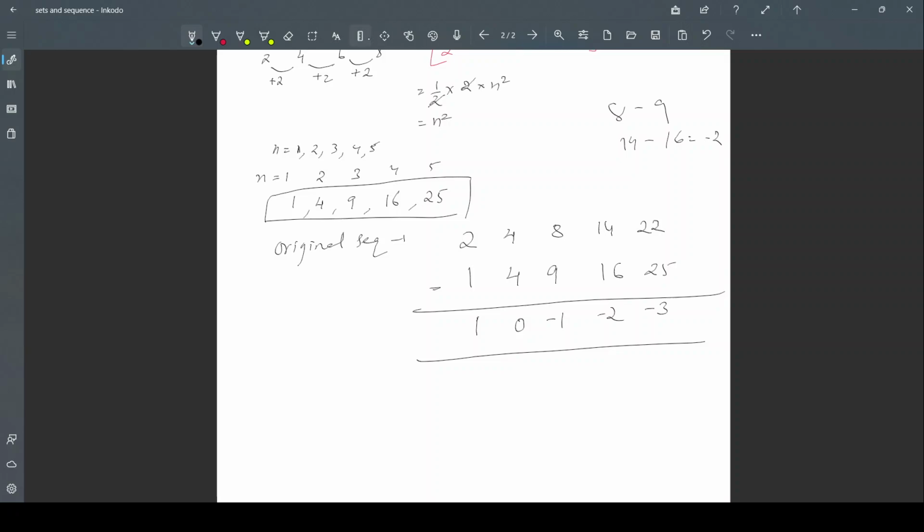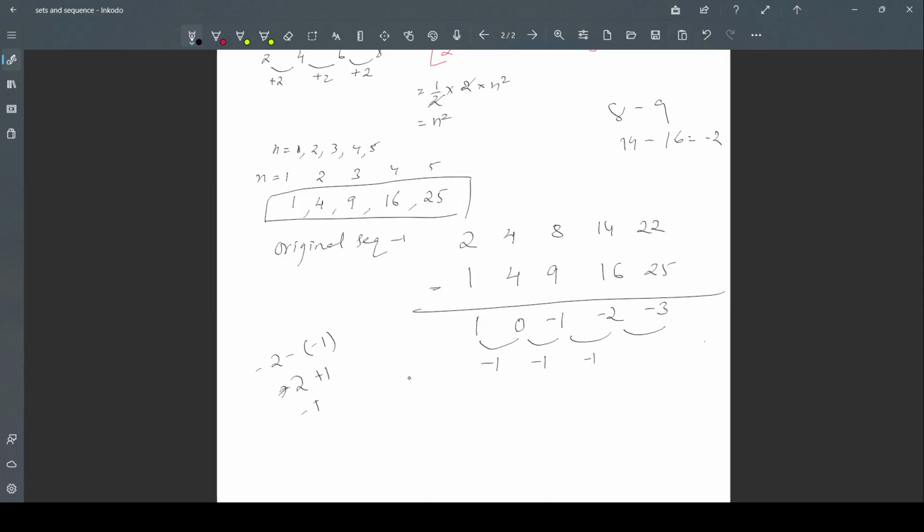After that, you have to find the difference of this sequence. 0 minus 1 is minus 1. Minus 1 minus 0 is minus 1 itself. Minus 2 minus minus 1 gives you minus 2 plus 1, that is minus 1 again.